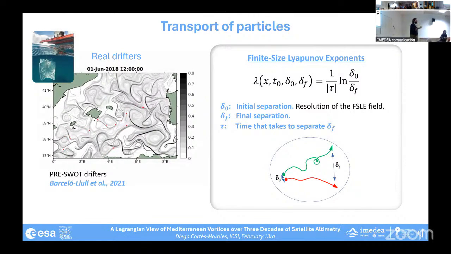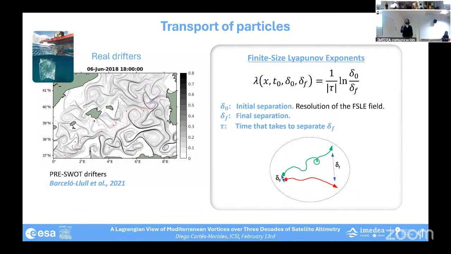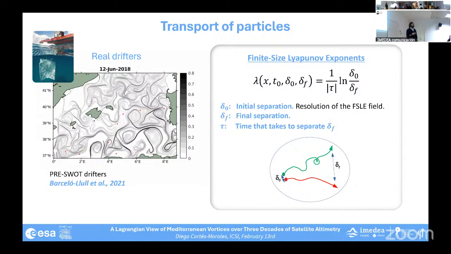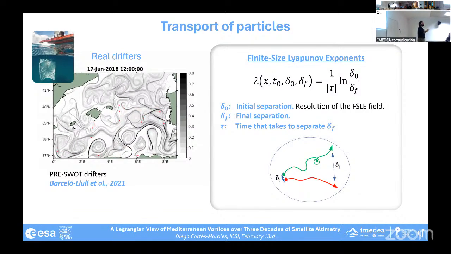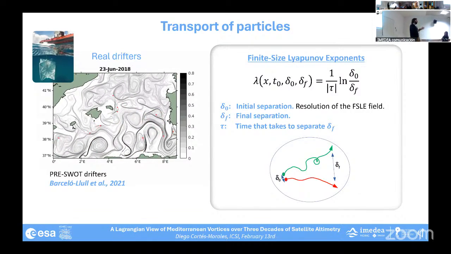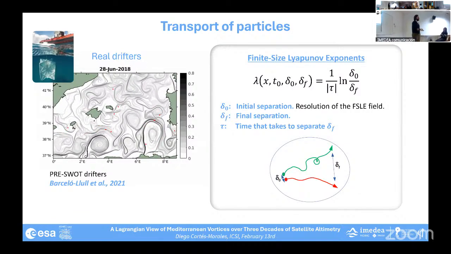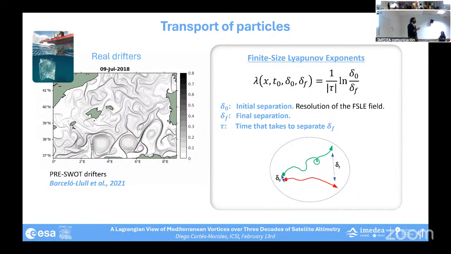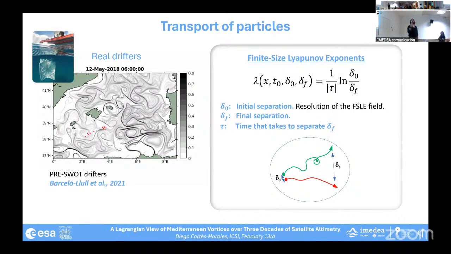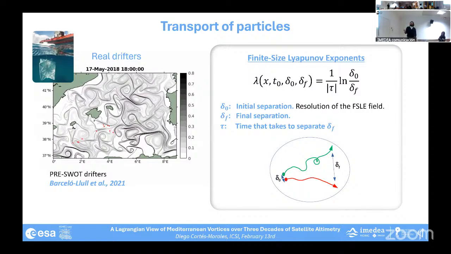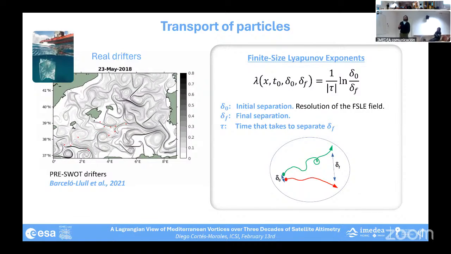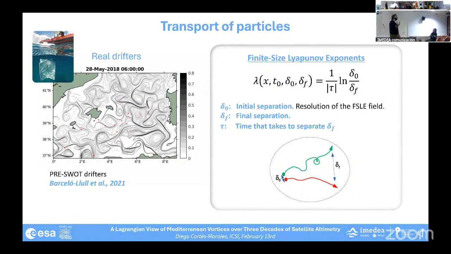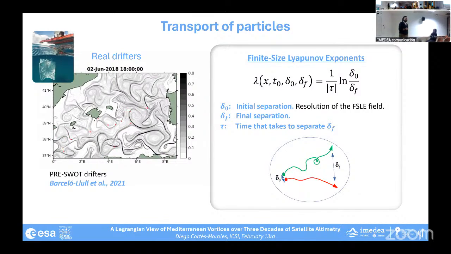How can we improve the identification of these structures, or even, maybe the way that we are seeing the vortices and how they trap material is not the correct one, or we can improve it, even if we know that the small-scale processes are not well resolved with our data.